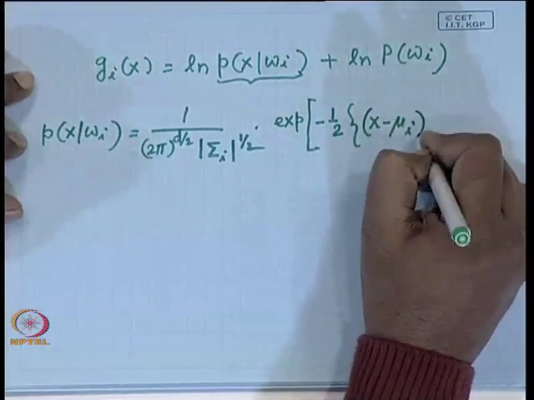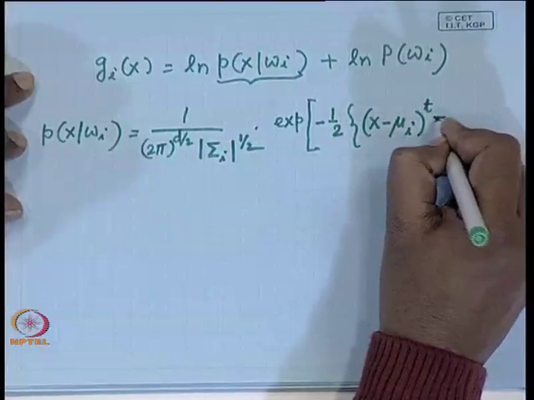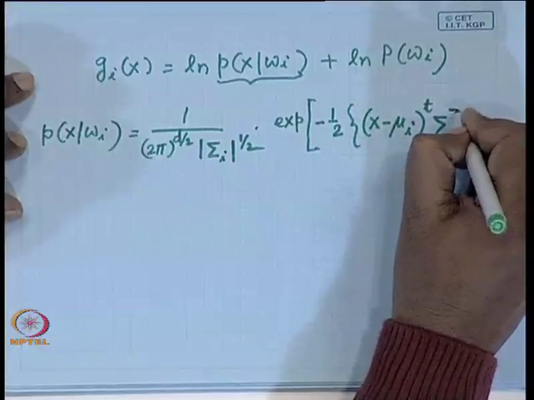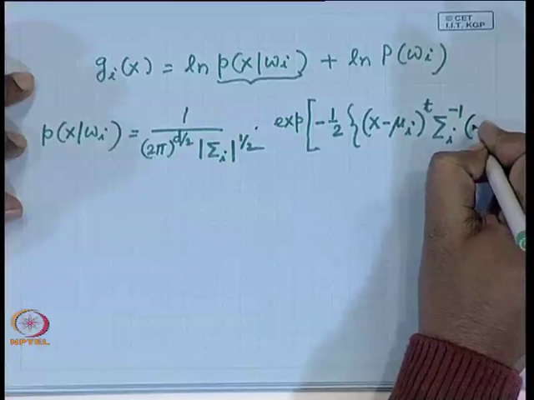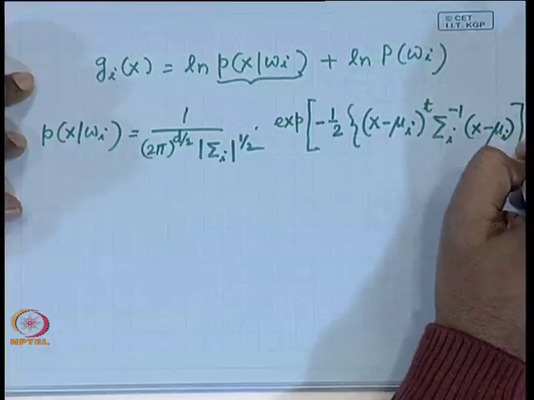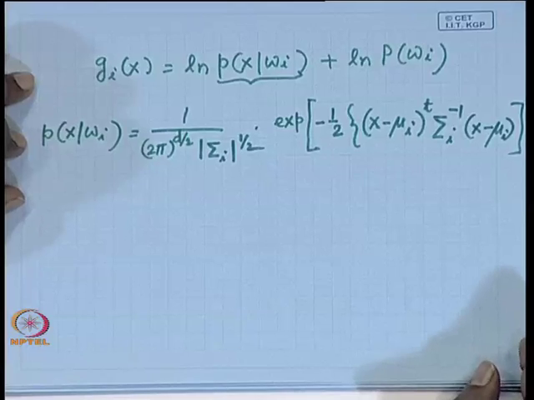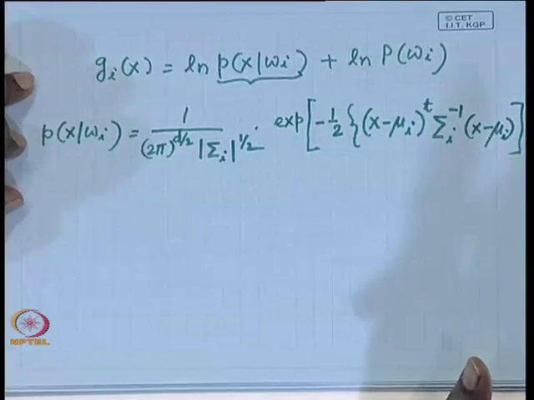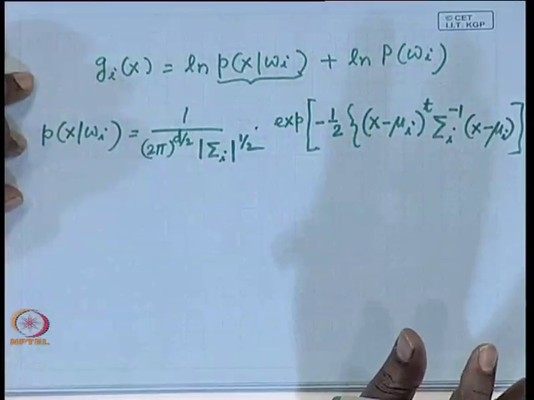So, (x minus mu_i) transpose sigma_i inverse into (x minus mu_i). This is my probability density function, or class conditional probability density function.